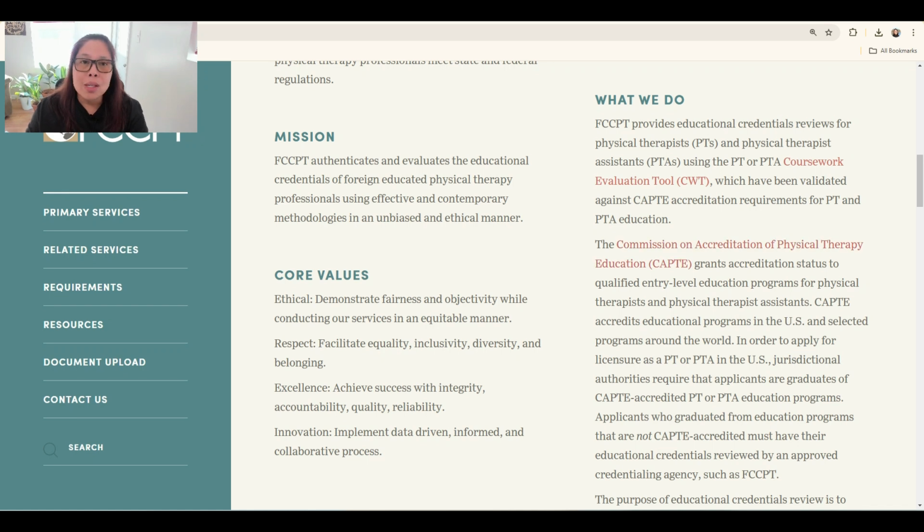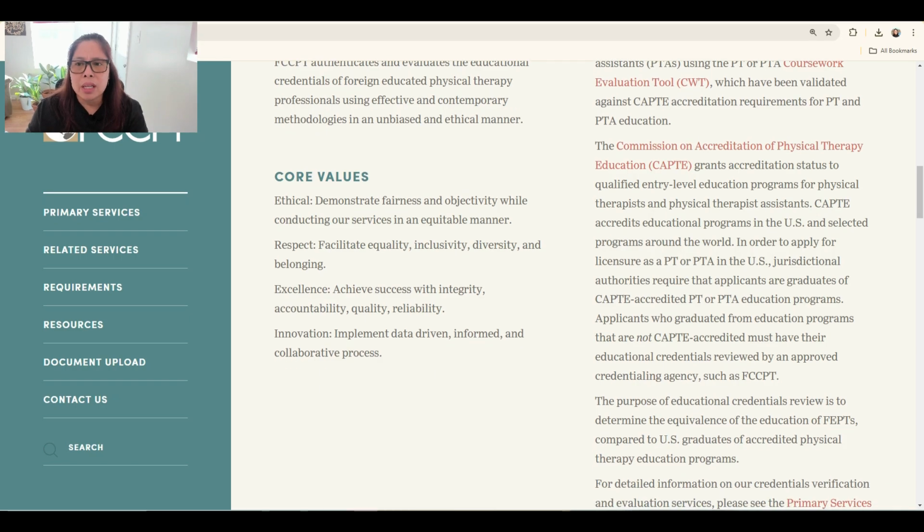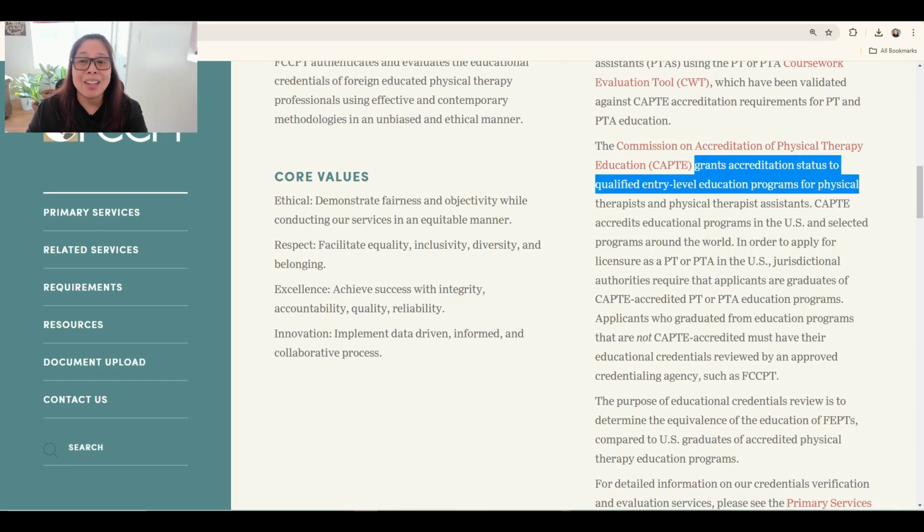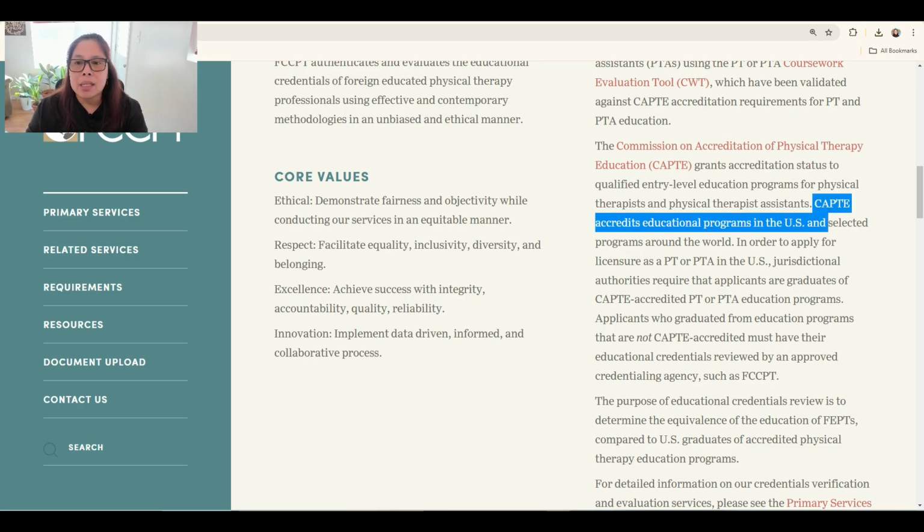There is also CAPTE, the Commission on Accreditation in Physical Therapy Education. They grant accreditation status to qualified entry-level education programs for physical therapists and physical therapist assistants here in the US. CAPTE accredits educational programs in the US and selected programs around the world.